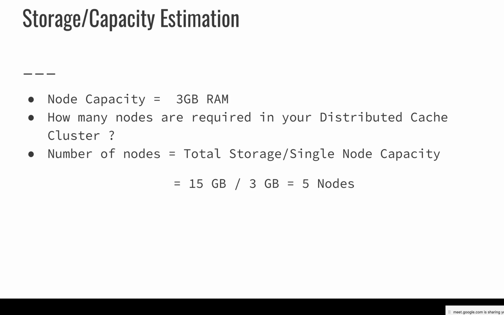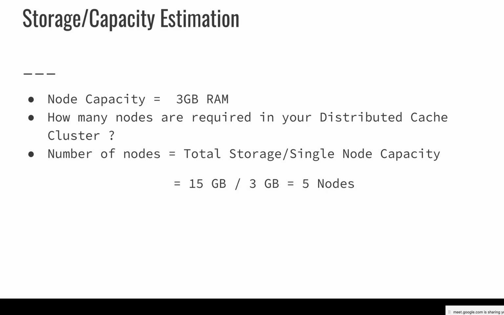It's already written there, but I hope this is clear. We are going to require 5 nodes: 15 GB, the total space requirement, divided by the per node capacity of 3 GB, is 5 nodes. This is a very high level walkthrough, but I hope it gives a sense of how you can estimate the number of nodes you are going to require in your distributed cache cluster.